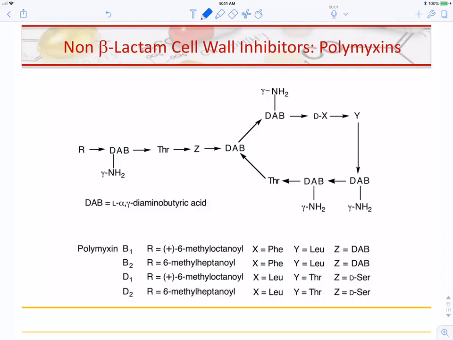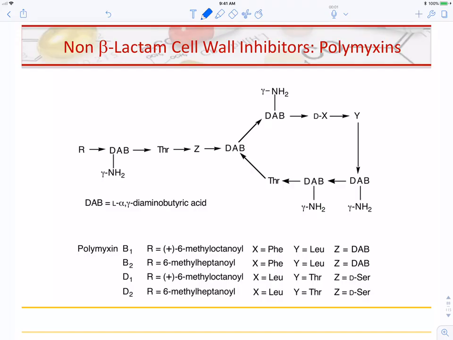Other antibiotics that act on the cell wall biosynthesis are the polymyxins, and these polymyxins are also complicated, and they are produced by Bacillus species. They're mainly effective against the gram-negative bacteria, and they're also used mainly topically.